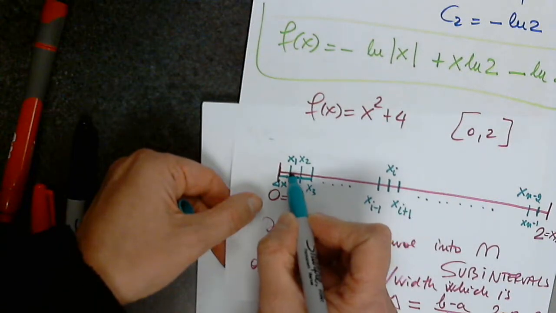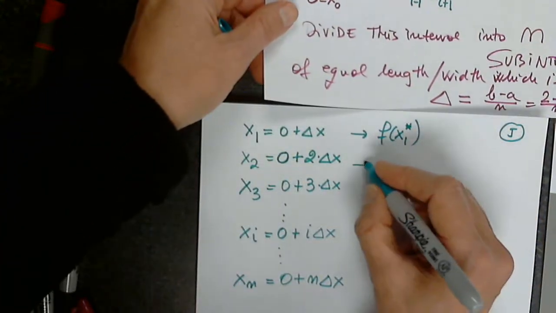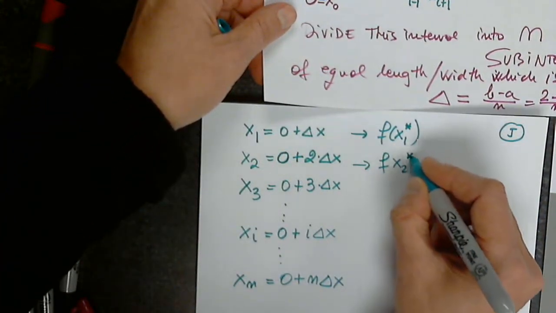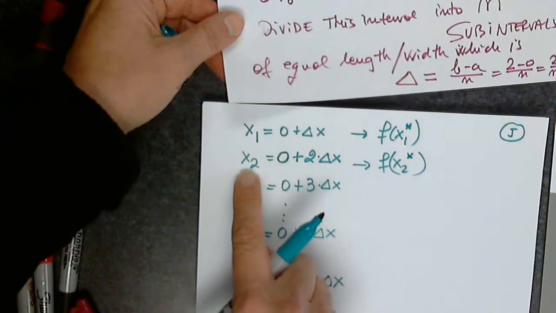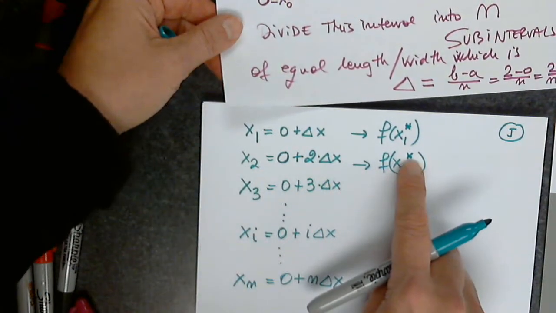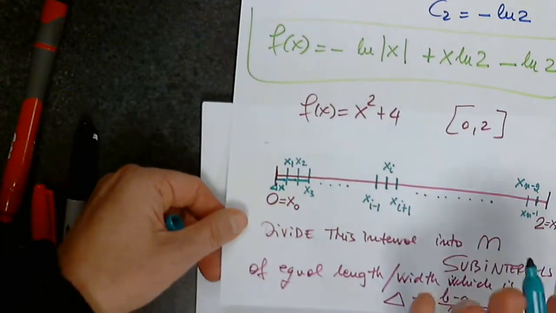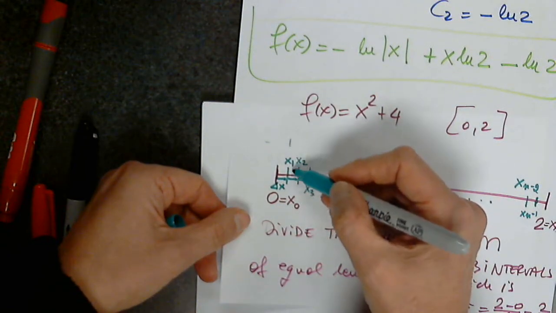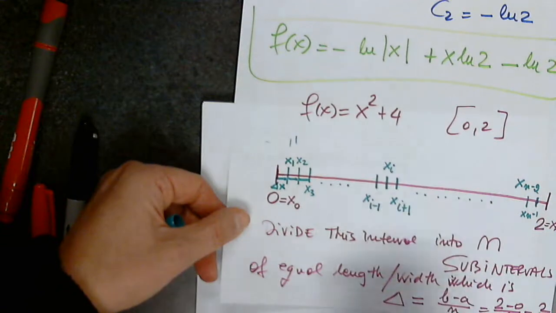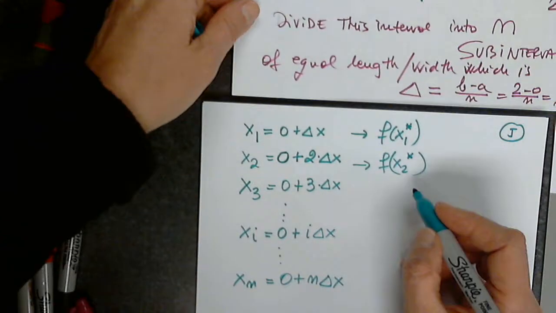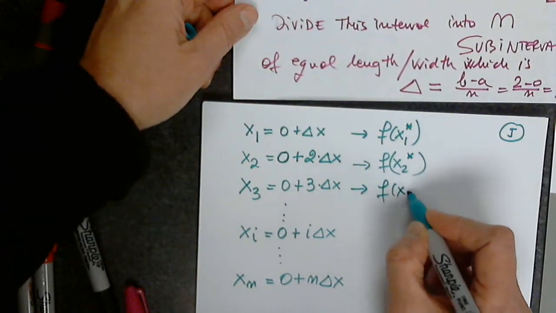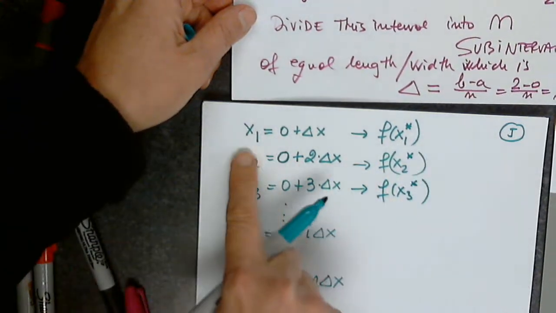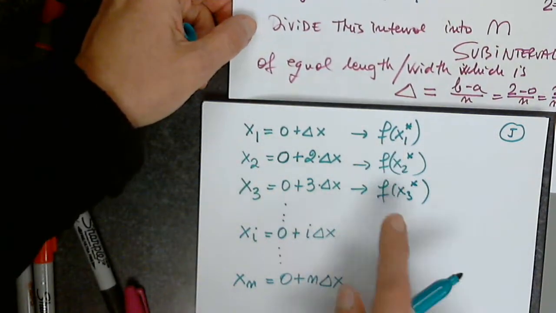For the next subinterval, then I will have f of x2 star. 2 because it's the second subinterval, and star because I don't know, we haven't decided, and it's not important, if it's going to be at the leftmost point of the interval, the midpoint, or the rightmost point. So I continue in this way. That's the height, right? That's the height of each subinterval.